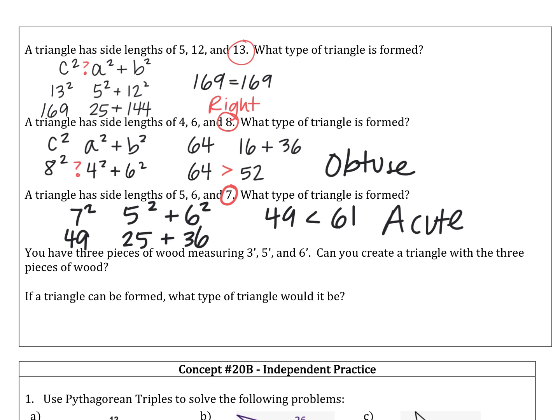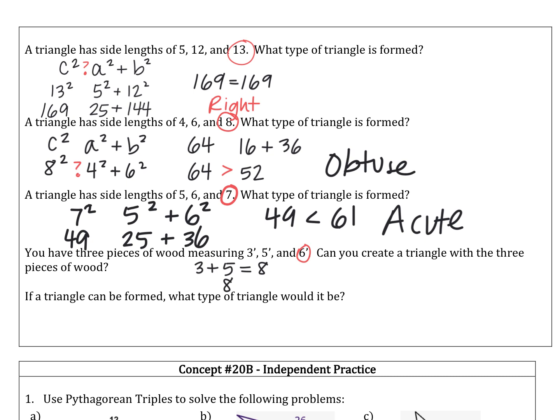So can you please try this? You have 3 pieces measuring 3, 5, and 6. Can you create a triangle with those 3 pieces? Can you even make a triangle? 3, 5, and 6. 6 is your longest side. Can you make a triangle with those 3? 3 plus 5 is 8. Is 8 greater than 6?